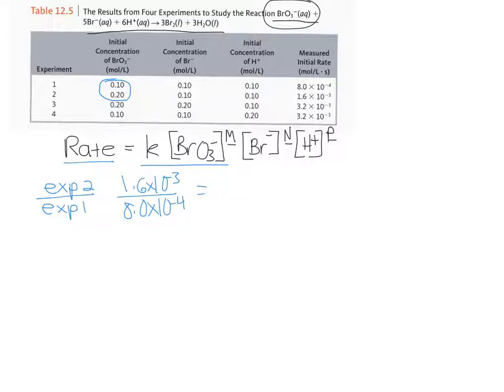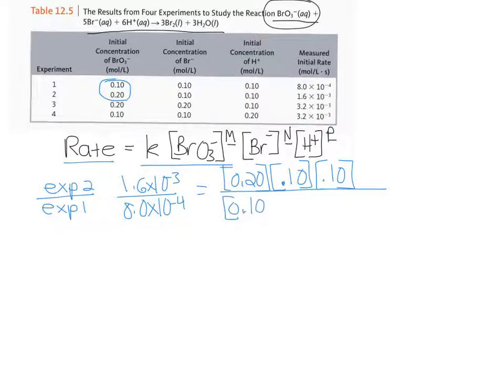And I'm going to set that equal to, this gets kind of long, the concentration of BrO3, and I'm going to put that on the bottom here. And then times the concentration of just Br times the concentration of just H. And then I'm going to divide that by all the data from experiment 1.